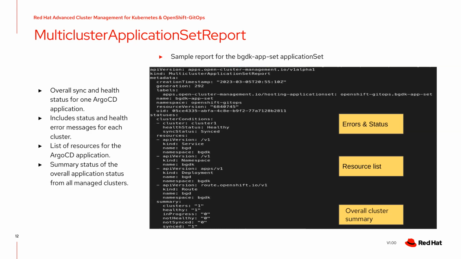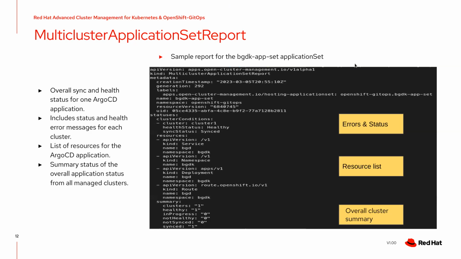So in the first section, we have the cluster conditions, where the application is deployed, and any status or error messages. In this case, there are none. Everything's healthy and synced. And then just below that, we have the resources that are deployed. And then lastly, we have the overall cluster summary section listing the number of clusters it's deployed to, and whether healthy or not, or in progress, or synced or not.